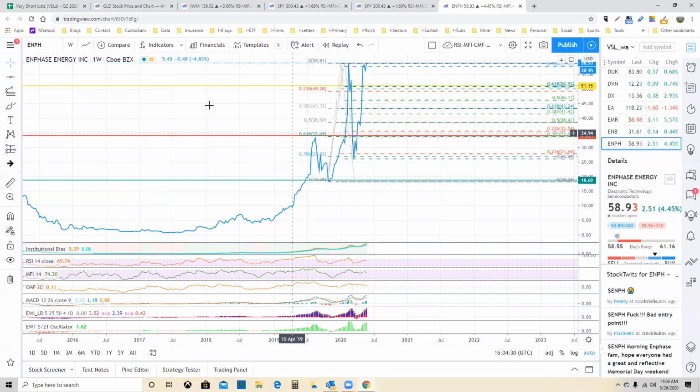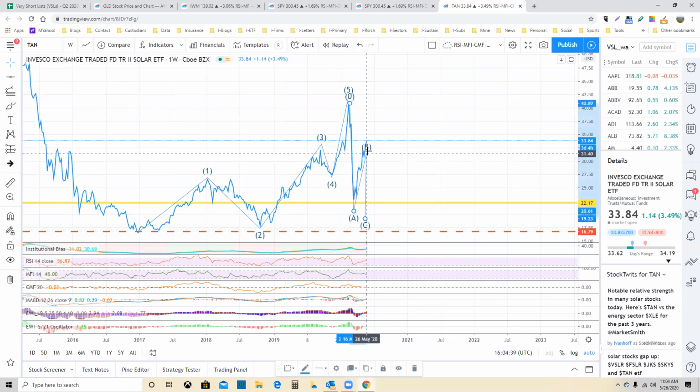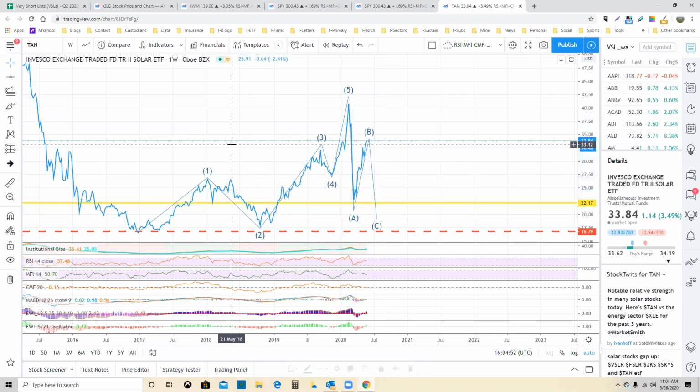End phase, TAN. Yeah, I think the Democrats are real good for TAN. I mean, look at these rallies. These rallies are pretty amazing to me. They don't make any economic sense. Zero economic sense. Sometimes the market just doesn't care.